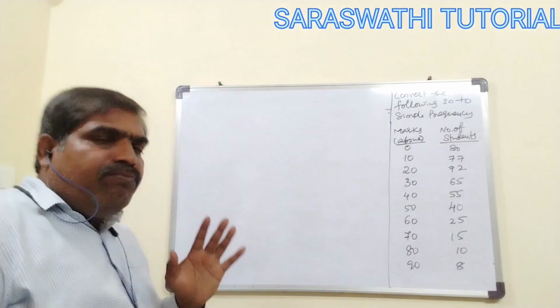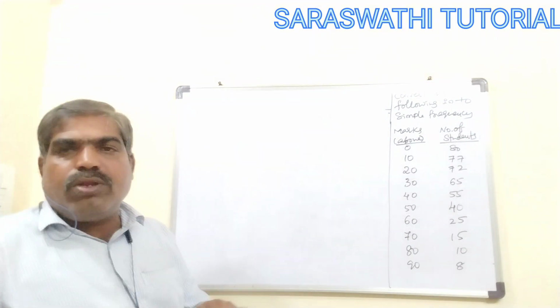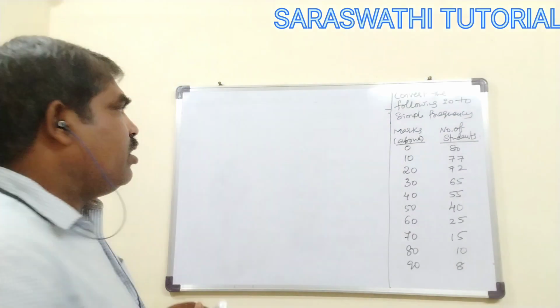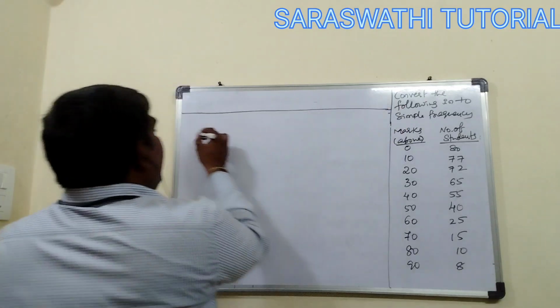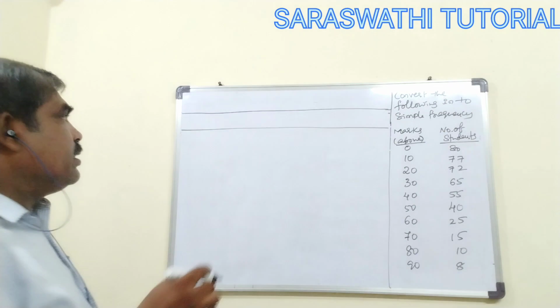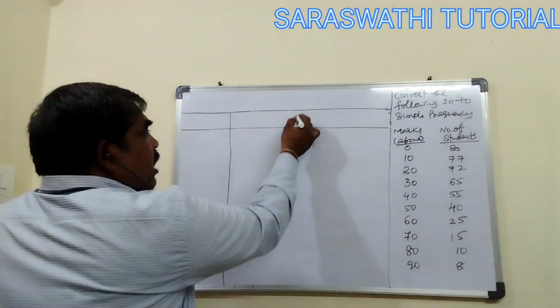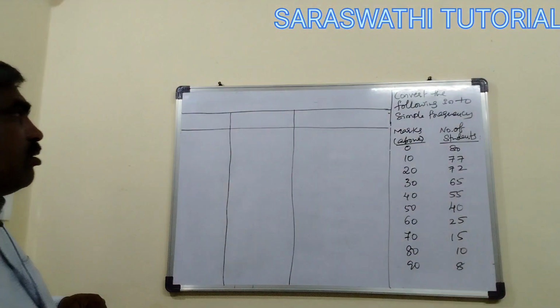For the calculation of less than to simple, and more than to simple, the table will be the same, but the calculation part will be different. So take three columns for the calculation of the simple frequencies. First is class interval, second is cumulative frequencies, third is simple frequencies.